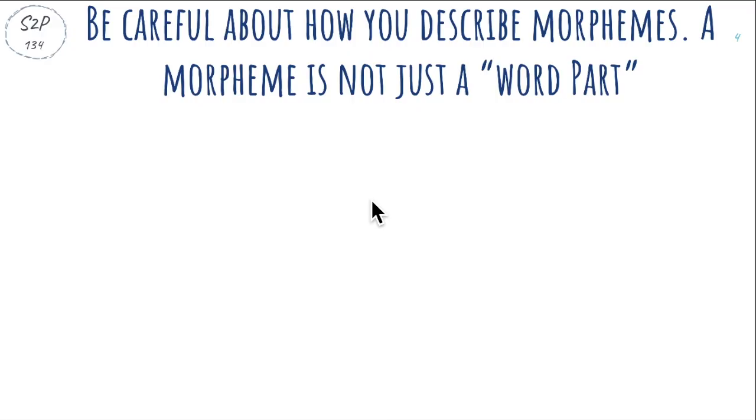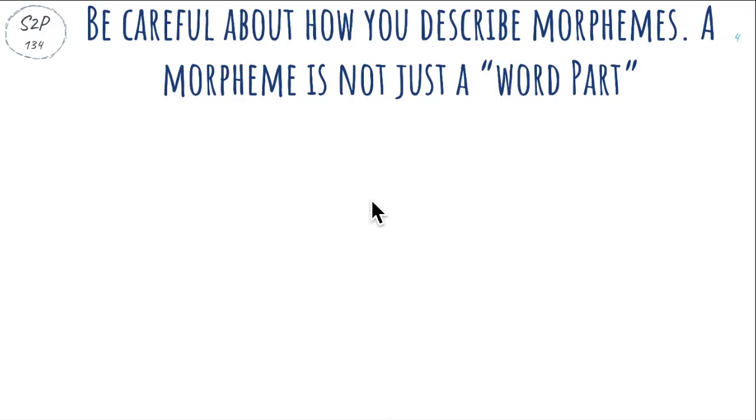Now, a morpheme, of course, is a unit of meaning that we move around and put together to form new words. And it contributes to the meaning of the word. So a morpheme is a meaningful part that adds to the definition.